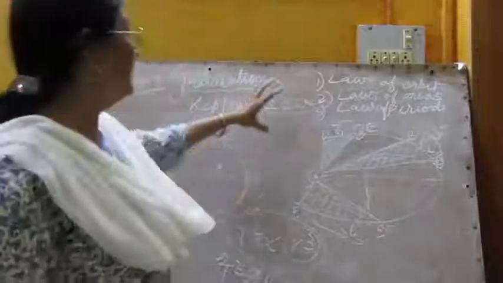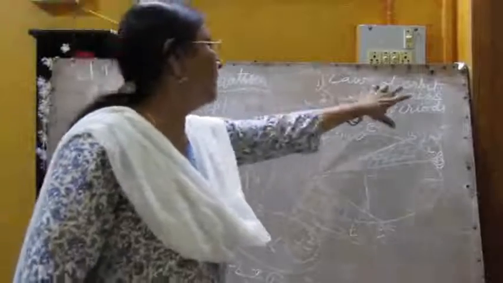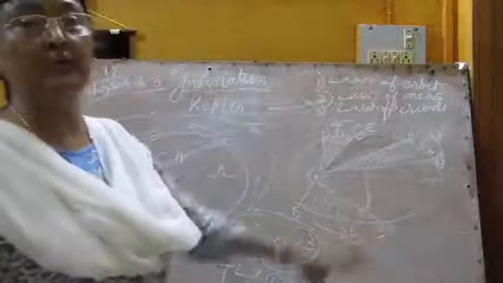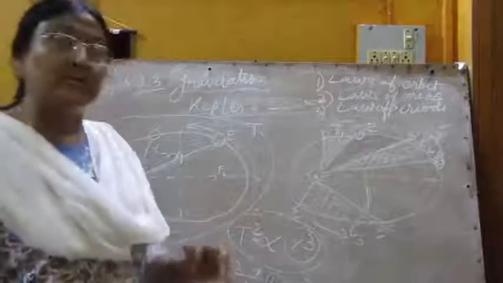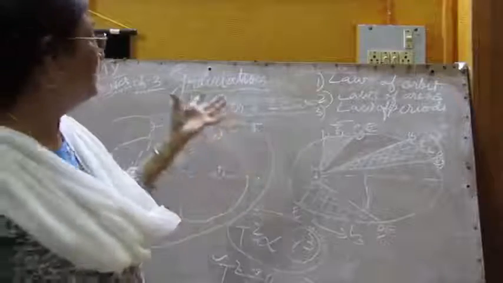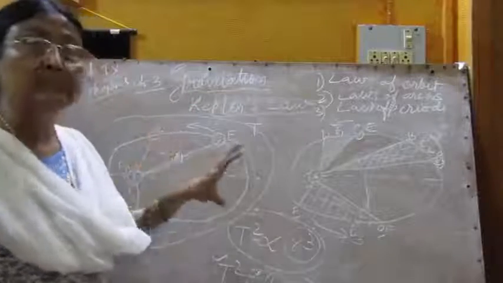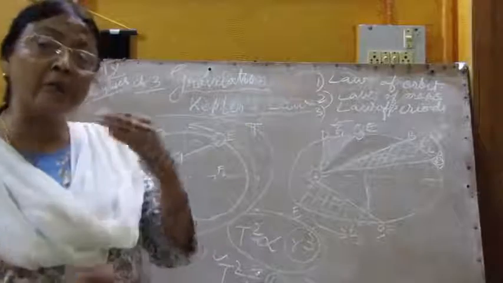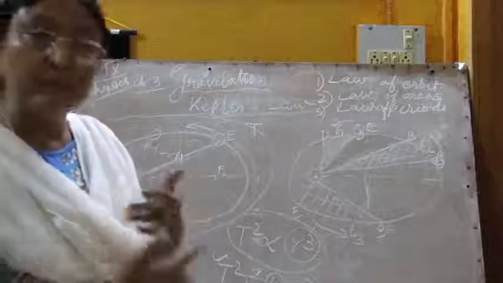So now these three laws, the law of orbits, the law of areas and the law of periods, by these three laws Kepler tried to explain the planetary motions, how all the planets in the universe are moving or revolving.